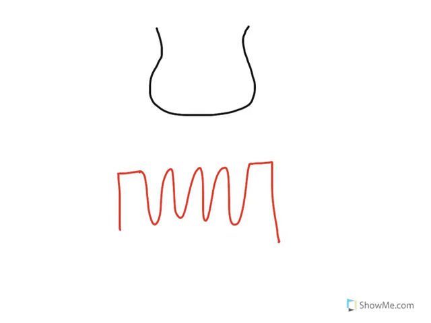So we have zoomed in here the neuron, then we've got the muscle cell. Remember, this gap is called the synapse, or the NMJ.